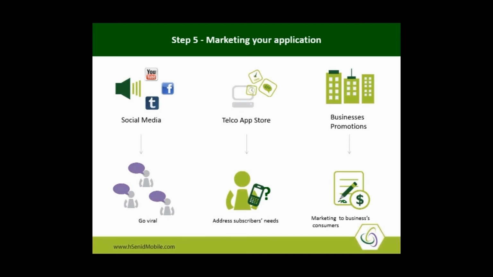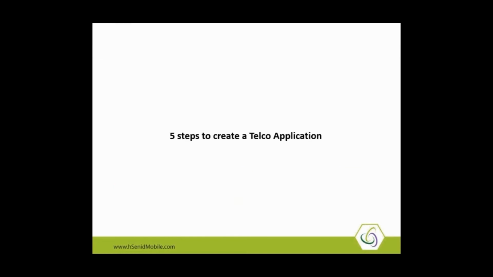So people who see these posters will register and start using the application. So these are three simple ways on how you can start marketing your application. Of course, you can run other campaigns. You can pay on Facebook, pay on YouTube, and advertise your application. But these are three simple steps that you can take to start off marketing your application.